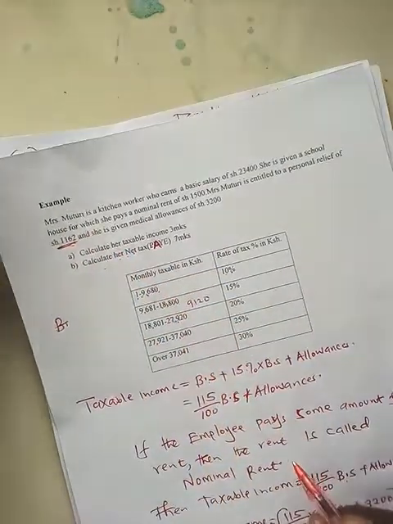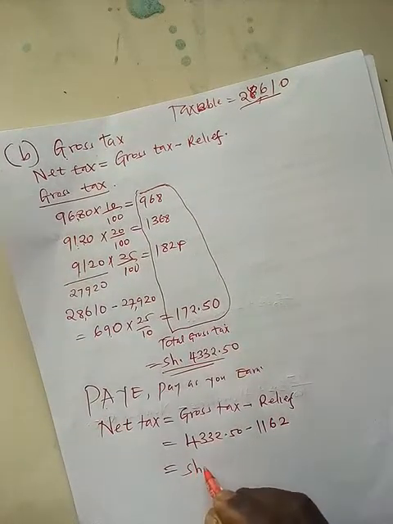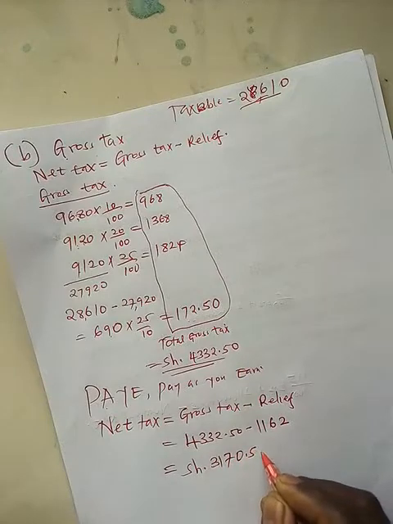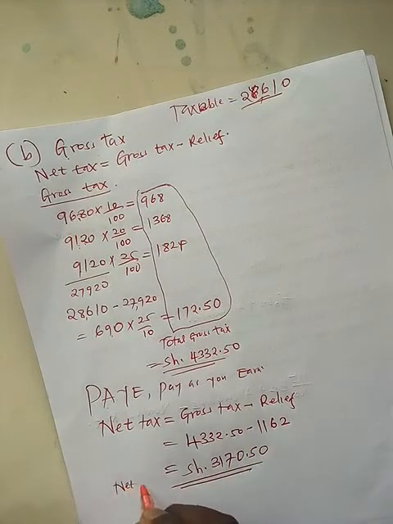Ndio hiyo tuna subtract kutoka kwa gross tax. This one will give us Kenya shillings 3,140.50. Na hiyo ndio inaitwa net tax.